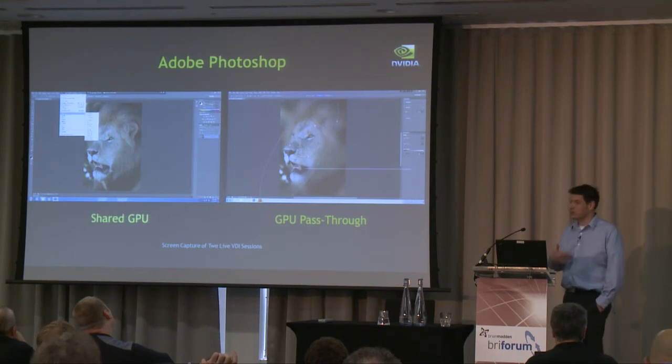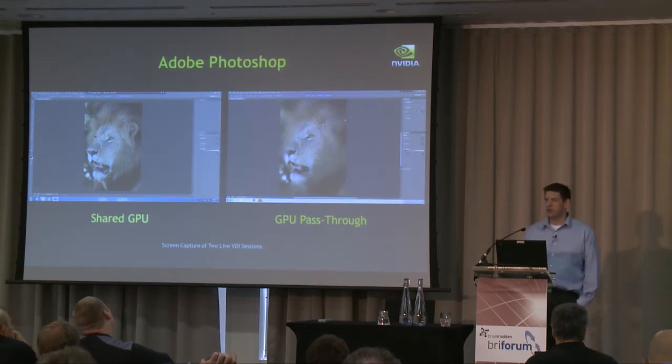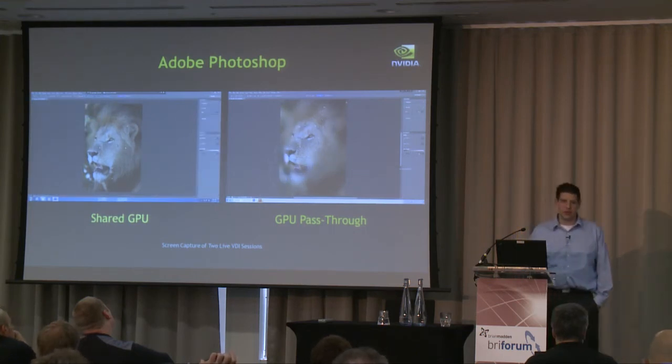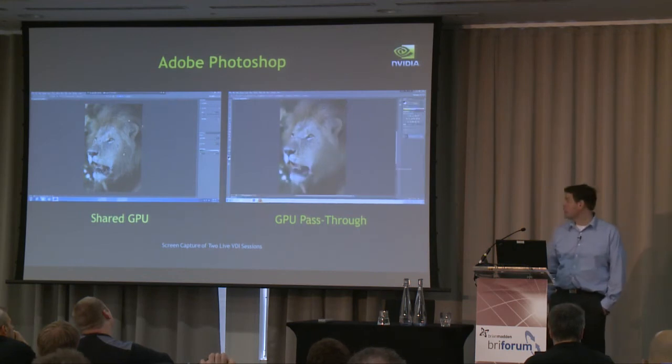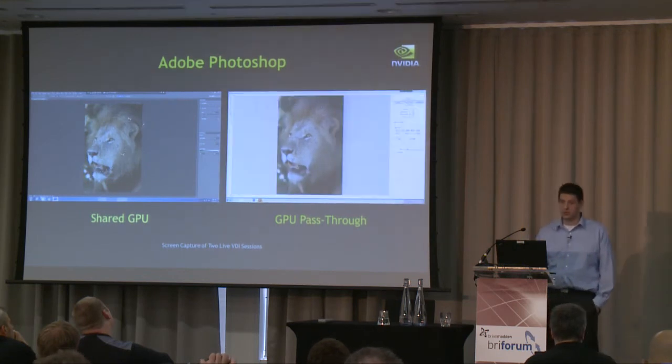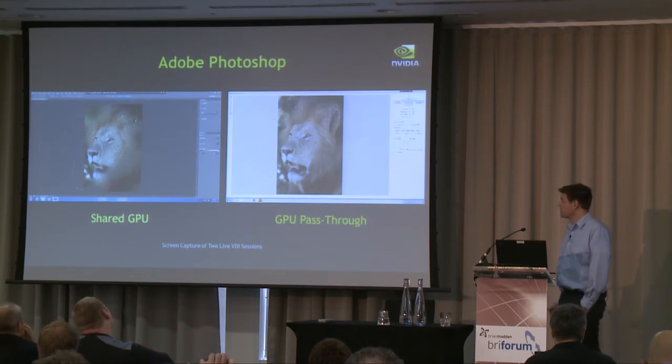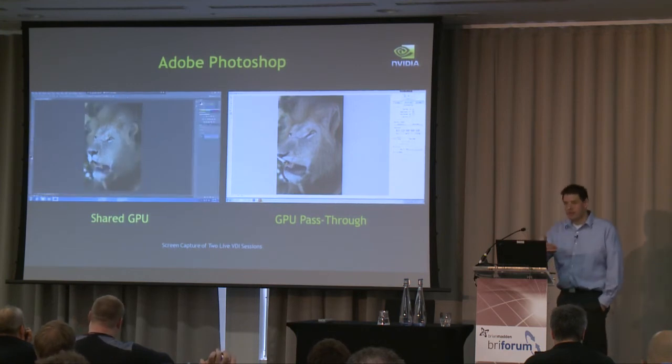But if you're not the most demanding, or the particular effects you're using in Photoshop don't require this, I think it's a fair way of using it, and you get quite good results. But the GPU pass-through mode definitely adds a little bit more, which is expected, right?